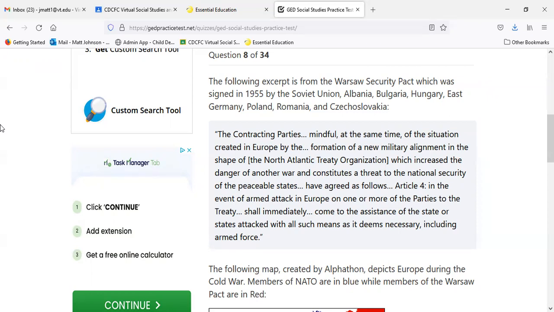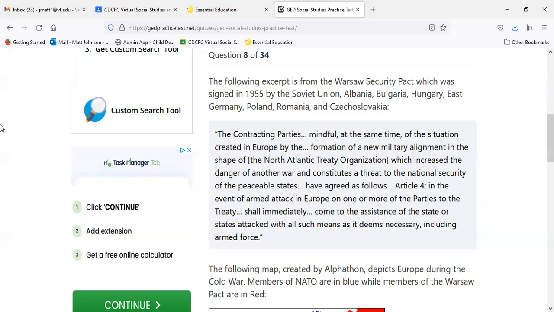So the excerpt here says the contracting parties, mindful at the same time of the situation created in Europe by the formation of a new military alignment in the shape of the North Atlantic Treaty Organization, so that's NATO, the United States, Great Britain, France, and so on, which increased the danger of another war and constitutes a threat to the national security of the peaceable states, have agreed as follows.